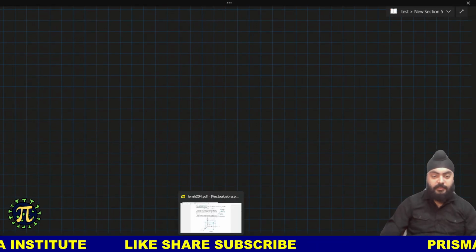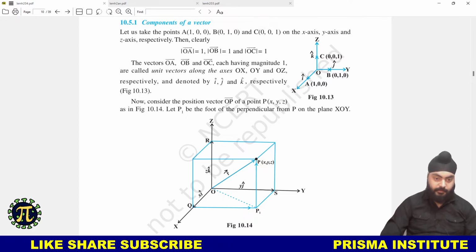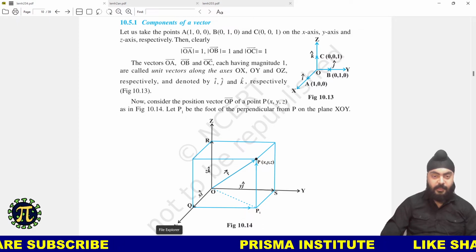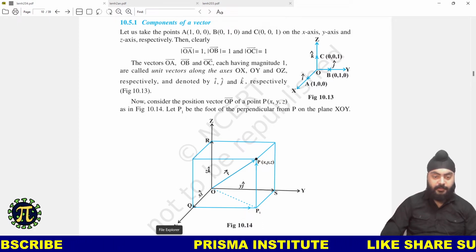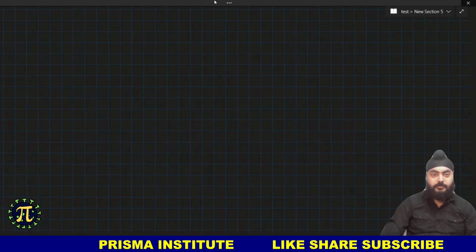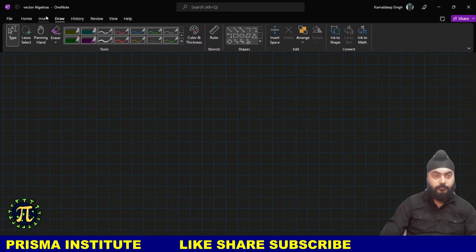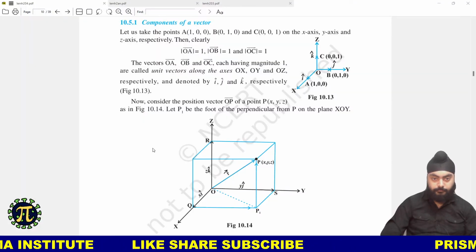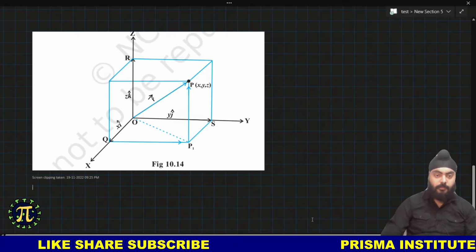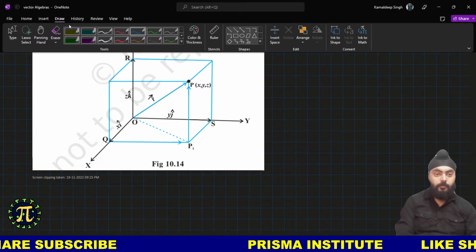So we will take this cuboid from the NCERT and see how we can define a vector joining origin to the point P, x, y, z. Okay, so let's take this cuboid. Our main aim is to find what this OP vector is, right?